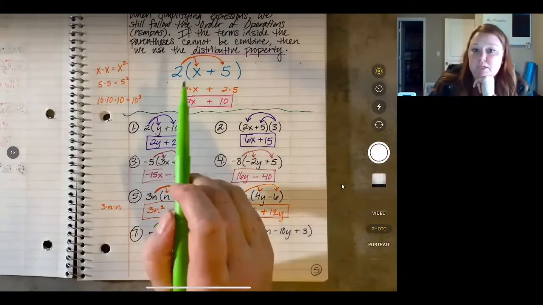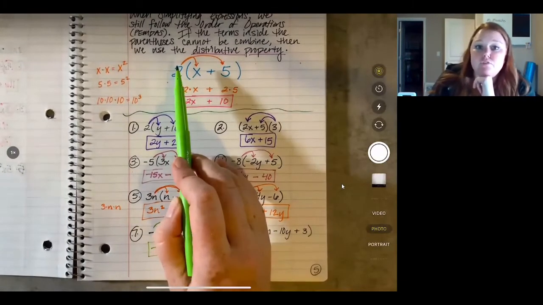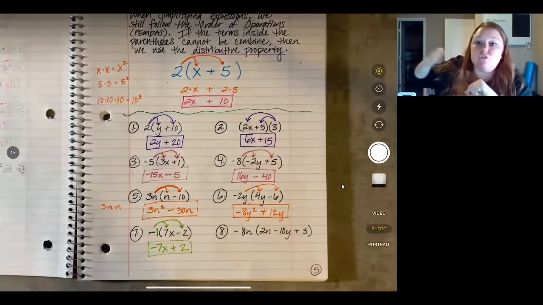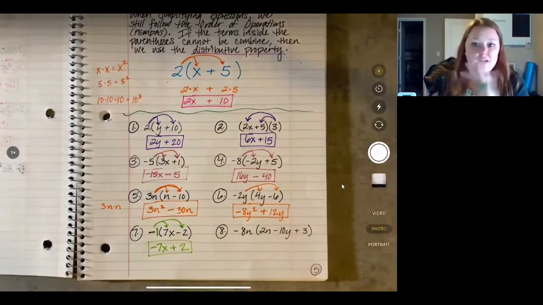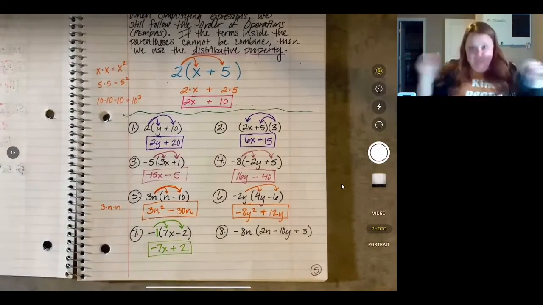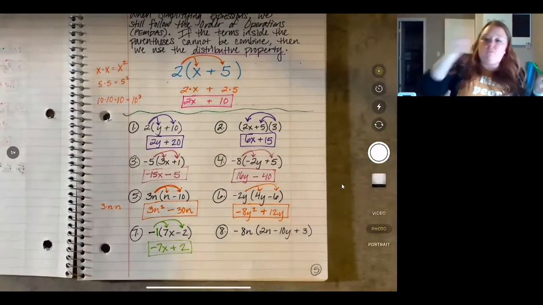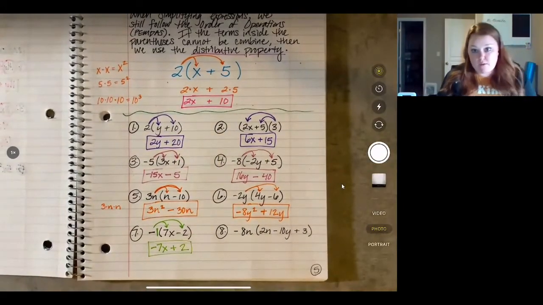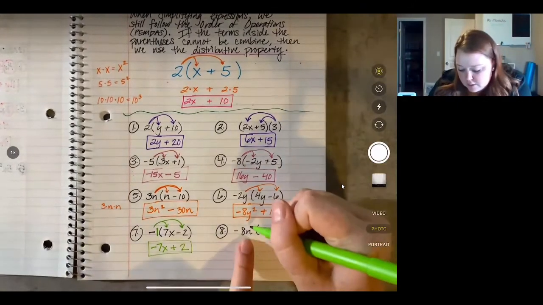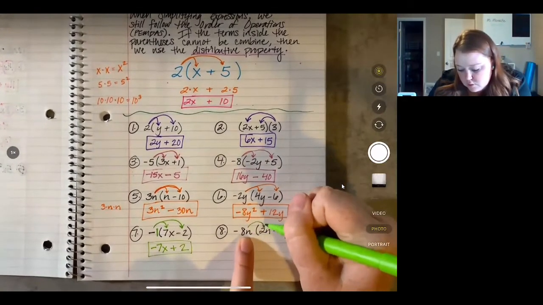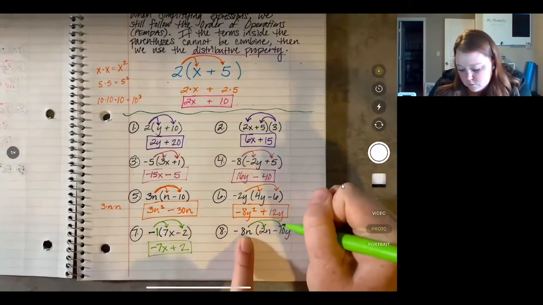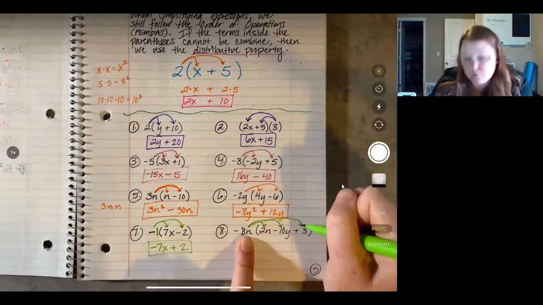Okay, distributive property, that number out front gets distributed to every single term on the inside. It doesn't matter how many terms are in there. If there was 6 terms on the inside, that number would have to go to each and every one of them. Okay, so this -8n gets multiplied to this dude, to this dude, and to that dude.